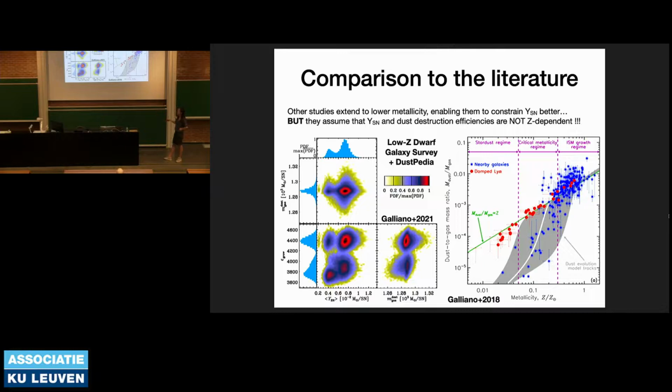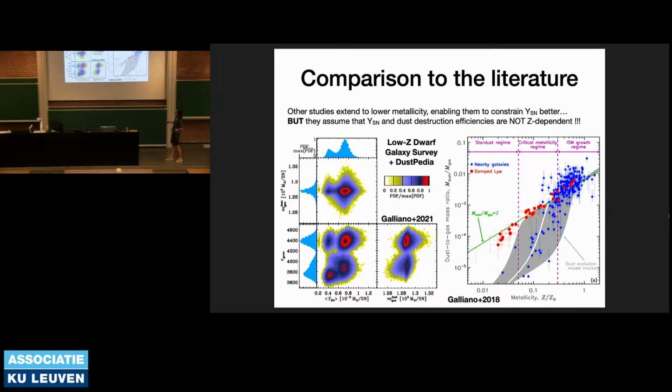Now, I should mention that after we did this study, similar efforts have been done in the literature as well. This is a study by Frederic Galliano, the same guy who actually published this, using a similar framework but with somewhat different parameters. Again, this is a posterior probability distribution plot, and an interesting parameter to focus on is the supernova dust yields.